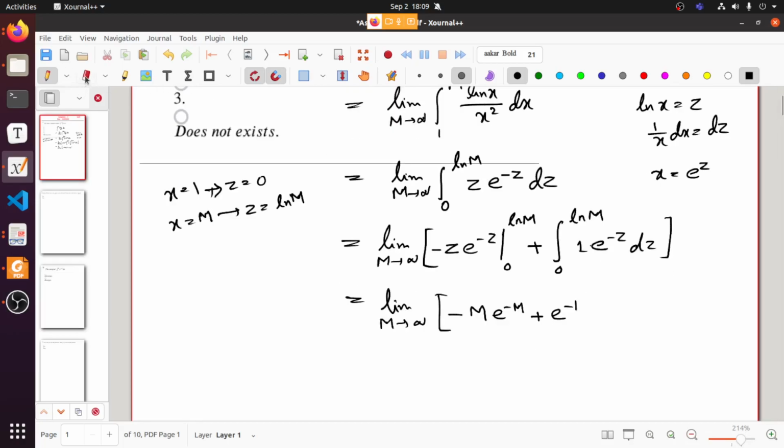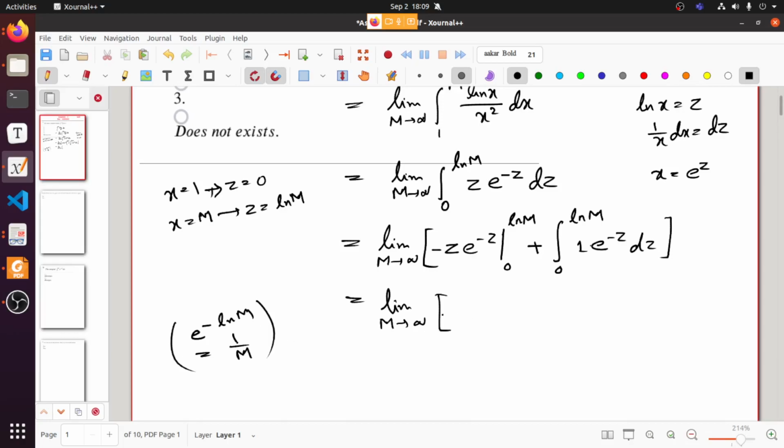Now if you put this, what will you get? If you put ln m, it will be minus ln m times e to the power minus ln m, which is 1 by m.